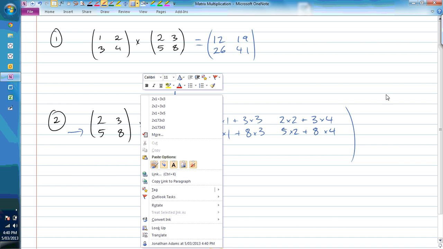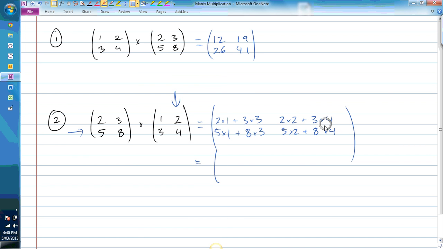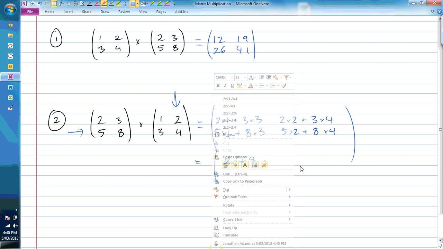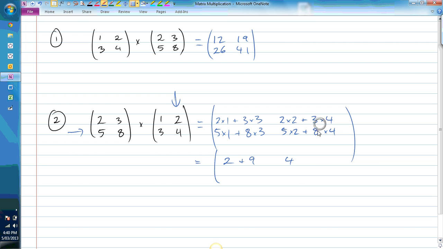We've got to do each of these multiplications first. So 2 times 1 is 2, 3 times 3 is 9, 2 times 2 is 4, 3 4s are 12.